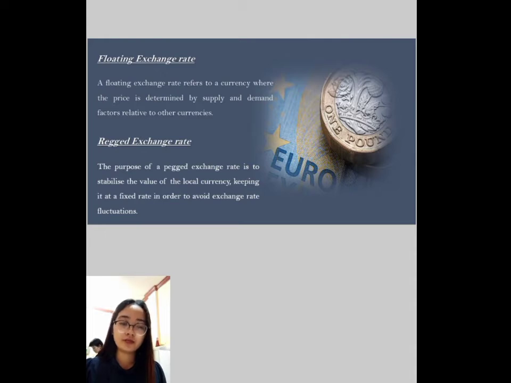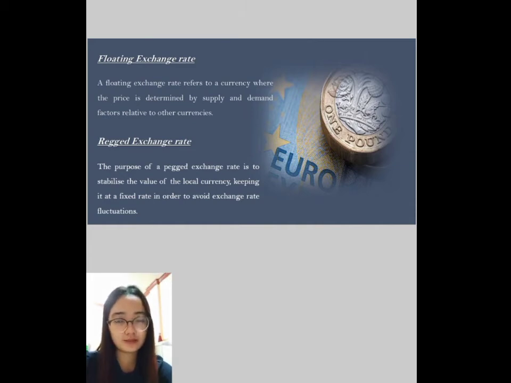While if the demand increases and the supply is lower, it means that the price will rise. So why can the government intervene in a floating exchange rate? It is to keep their currency's price at a favorable level for international trade. This also helps to avoid manipulation by other governments.